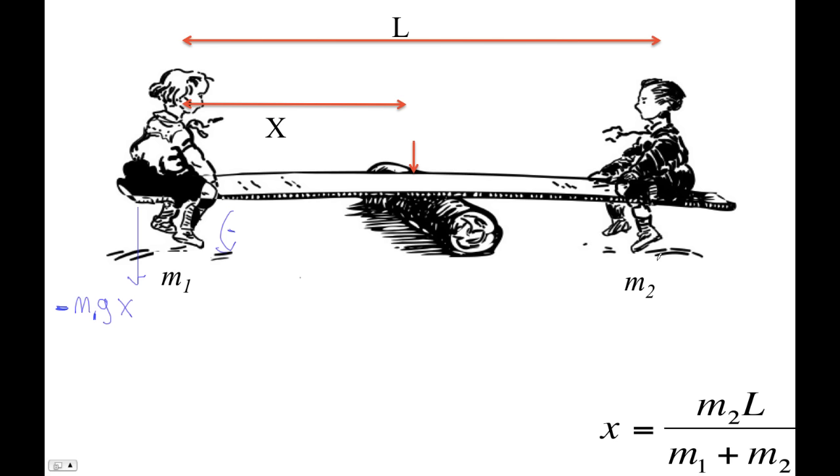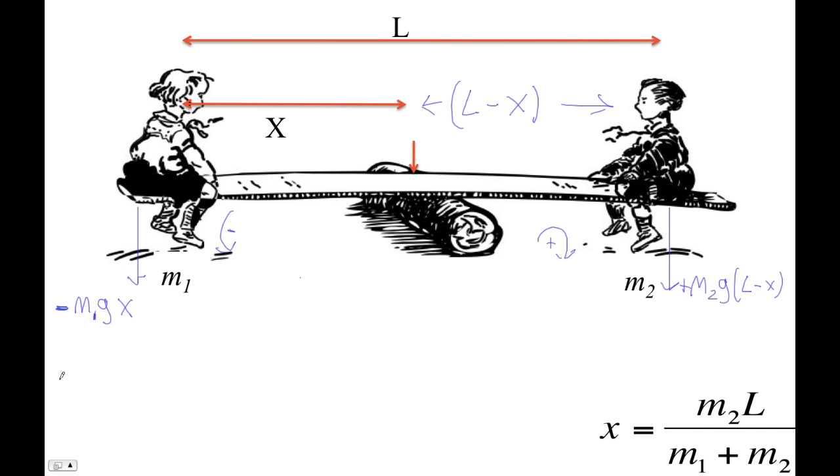Then we have this guy over here, who is a distance of L minus x from the pivot point, if the total distance between them is L. This torque is a force of m2 times g at L minus x, and it's a positive torque because this guy will tend to torque it positively about that point.